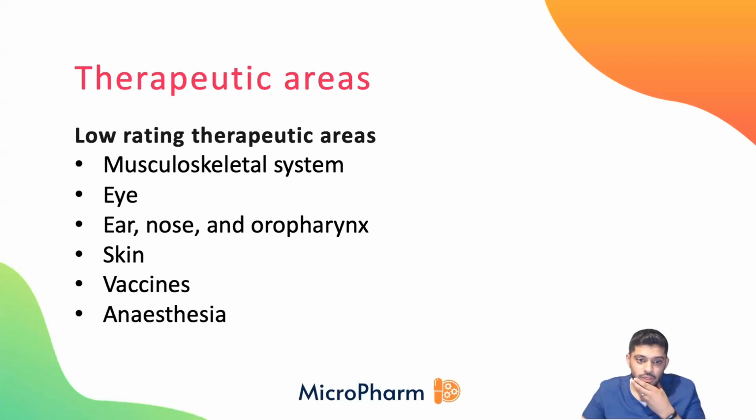So in terms of low rating therapeutic areas, you have the musculoskeletal system, eye, ear, nose, and throat, oropharynx, skin, vaccines, and anesthesia. All these 6, how much of the paper do you think they made in the June assessment this year?